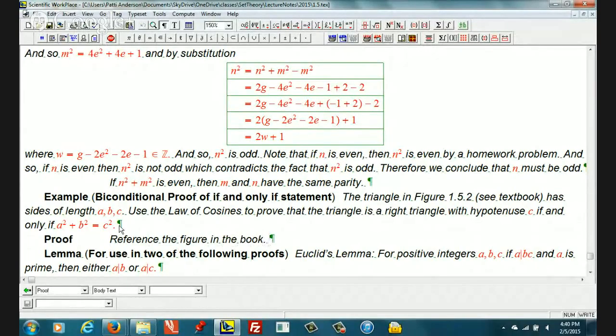And what we're going to do is we're going to let a squared plus b squared equal c squared, and plug this into the law of cosines.